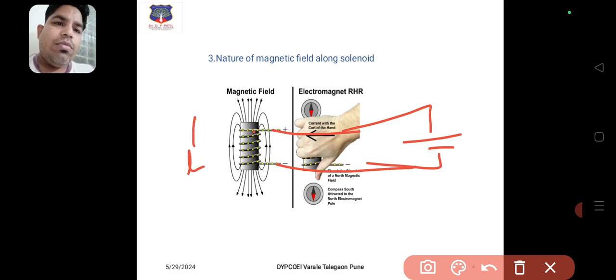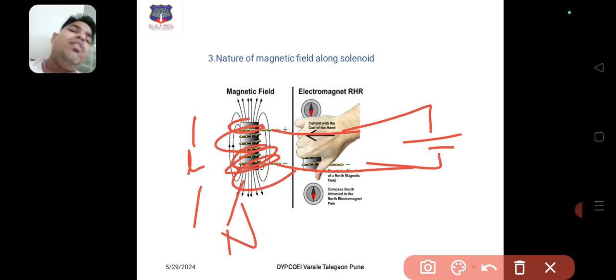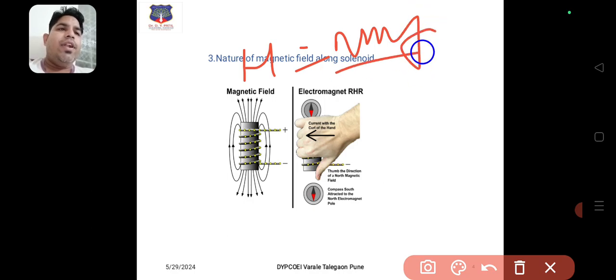L is the length of that core, N denotes the turns, and the current passing through it we denote as I. So how can we find the magnetic field strength? H is equal to MMF divided by L.